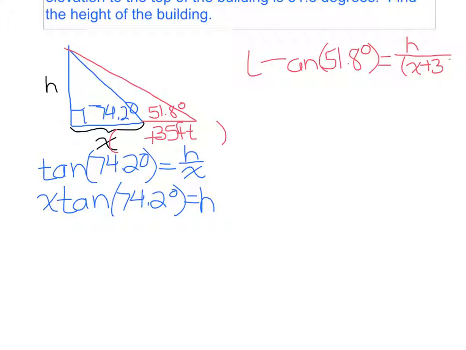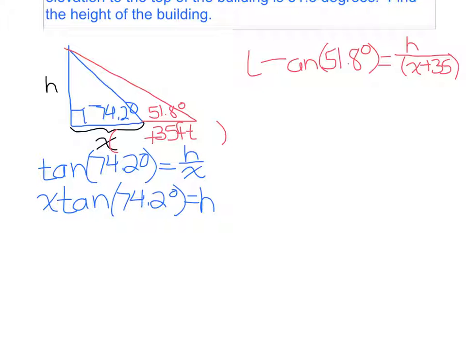Notice how I put parentheses around there, because x plus 35 signifies the length of that side of that triangle. So I'm going to solve this equation also for h.